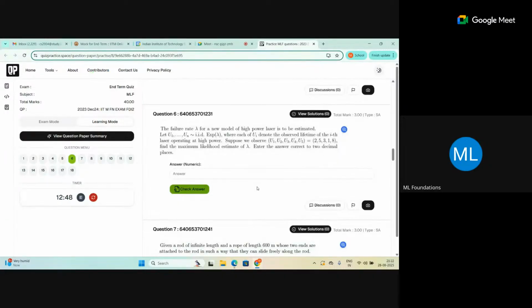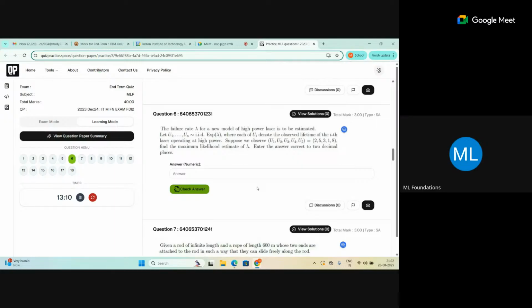The sample given to me is u1, u2, u3, u4, and u5. These are the 5 samples given, and the observed lifetimes are 2, 5, 3, 1, and 8.